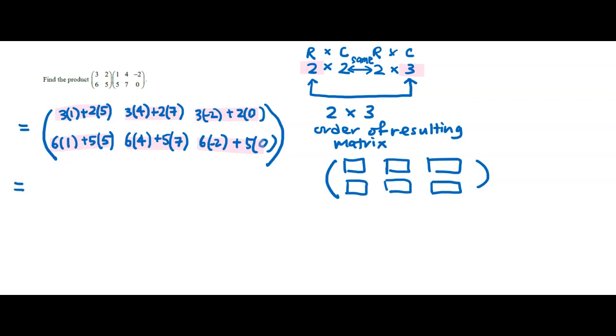Just for example, this 3 times 1 is 3, plus 2 times 5 is 10. So the first entry is going to give us 13. The rest, you can just press calculator and get 26, negative 6. For the second row, you're going to get 31, 59, and negative 12.